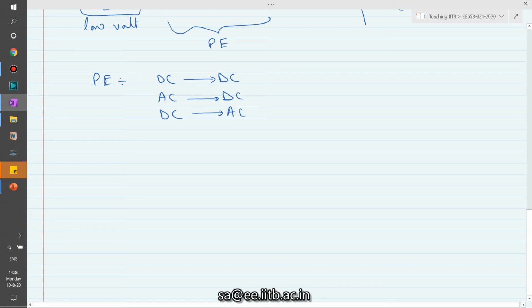And then certainly there are some converters which also do direct AC to AC conversion, which maybe we would be able to see in some of the advanced topics towards the end of this lecture series.